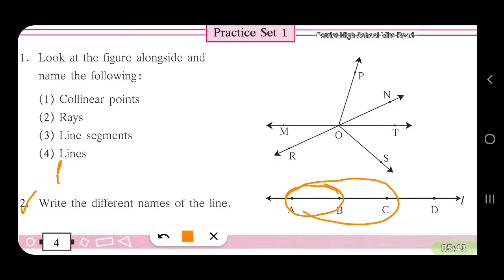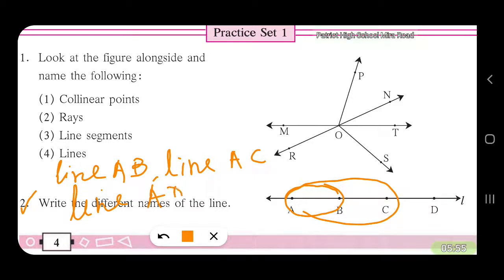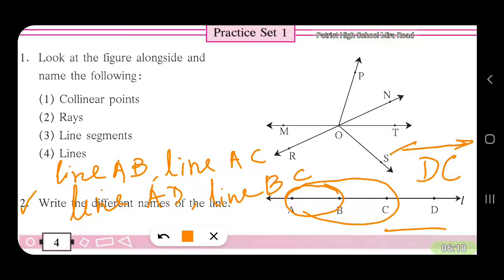So you have line AB, line AC, line AD, or you can have line BC, or line CD. This way we can define the different lines. We can also call it line DC because the line is extending on both the sides.